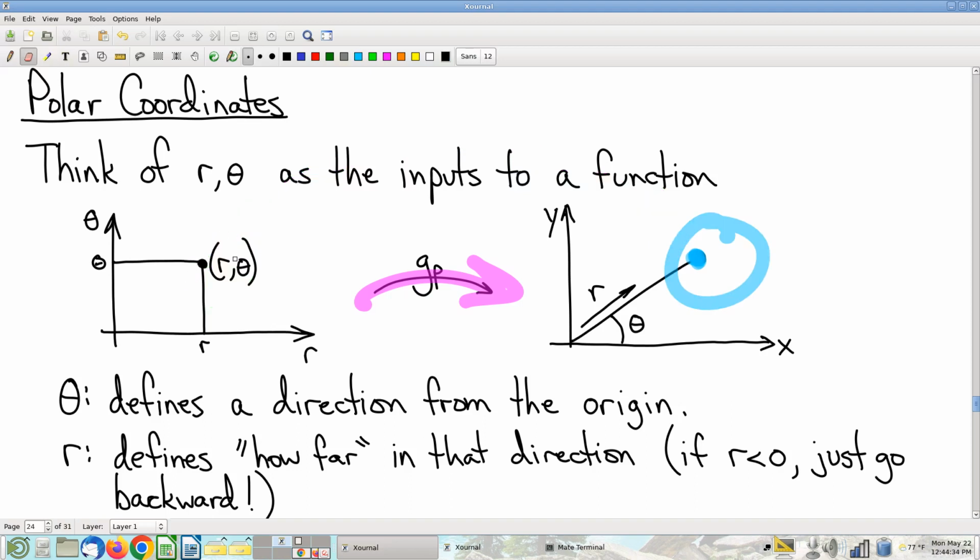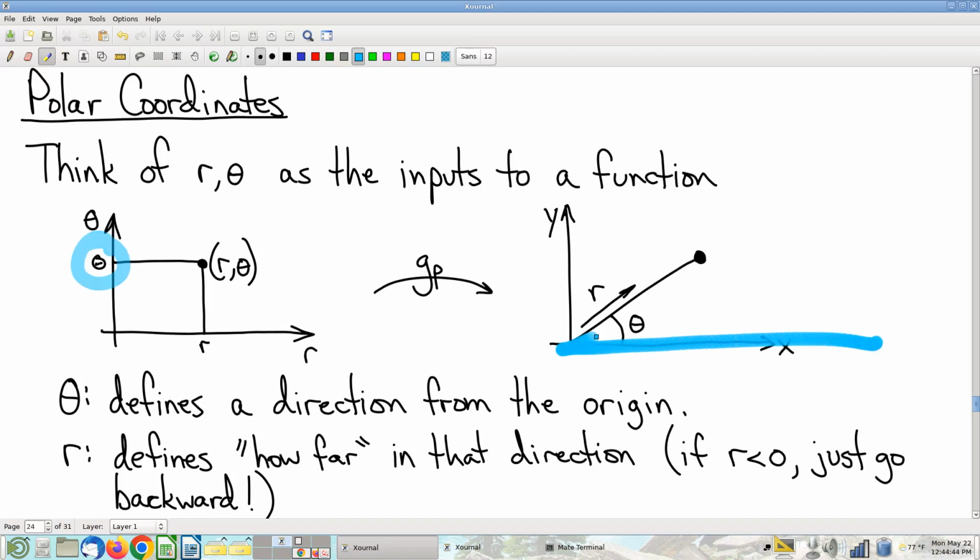Now how does this function work? Well, the idea is that whatever your theta is, that tells you how far you should turn counterclockwise from the positive part of the x-axis to define a direction. So that's what theta does in this function.